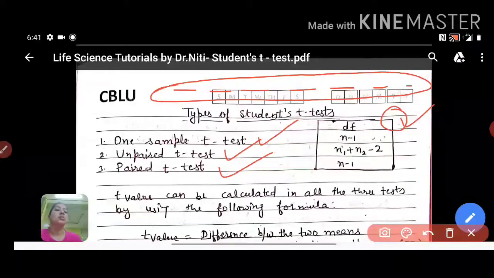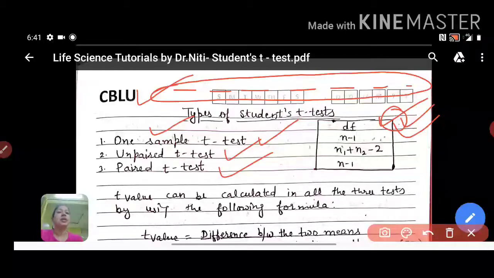Then this is termed a one sample t-test. That is, you are given a single sample with different observations, and you have to compare the mean of these observations with the population mean that is given to you. Then the one sample t-test is used.